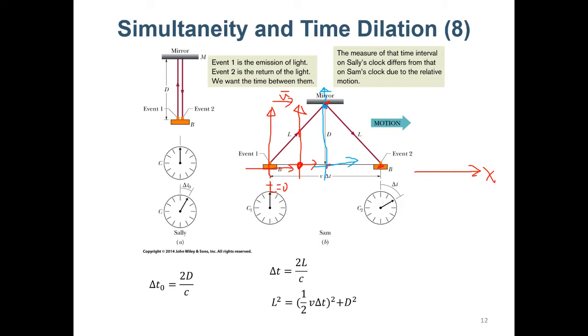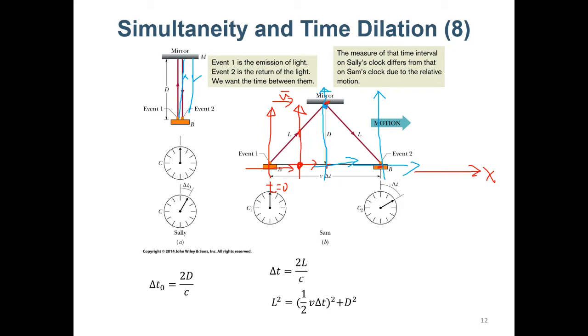So for B, he will feel that the light only goes up and goes down in the moving inertial reference frame with the speed v, until he goes to the final point and moves back. Okay, up till now, okay.